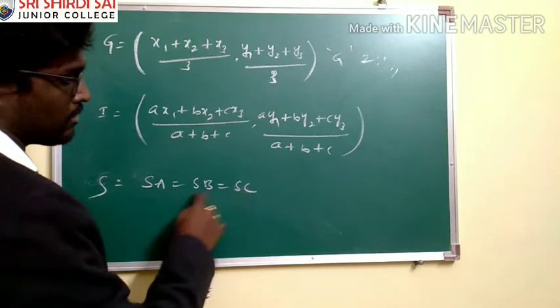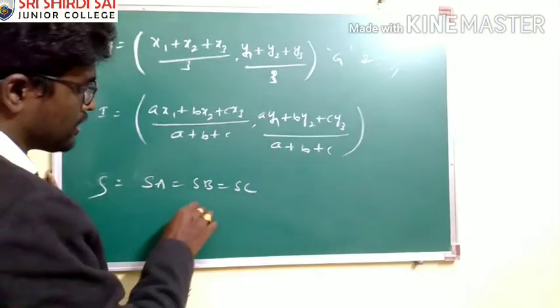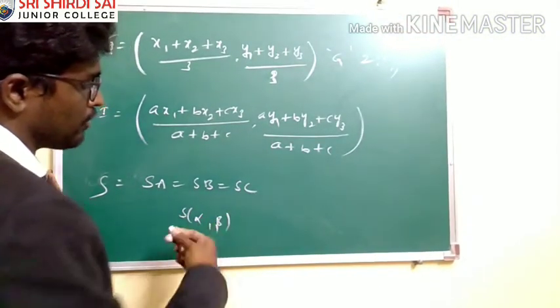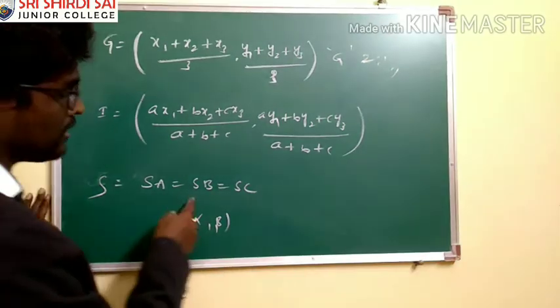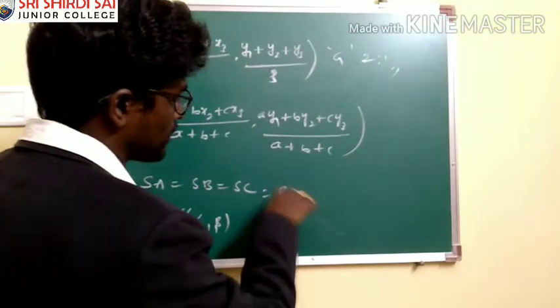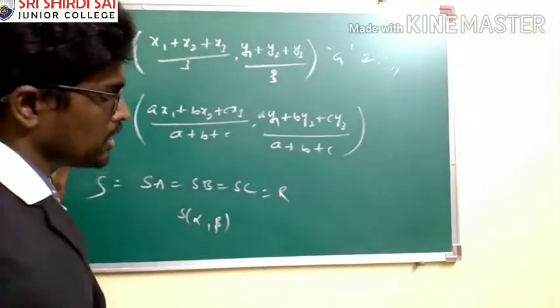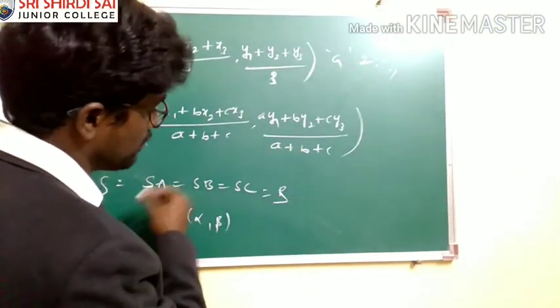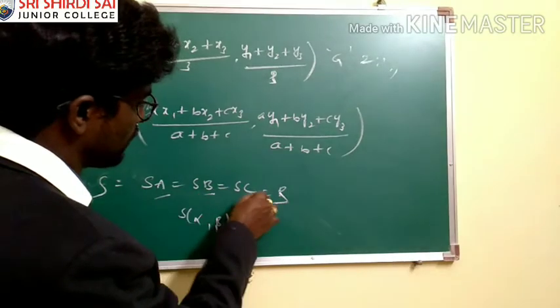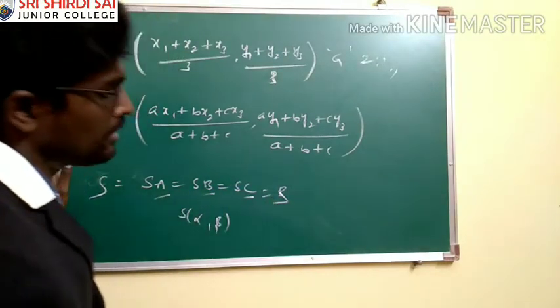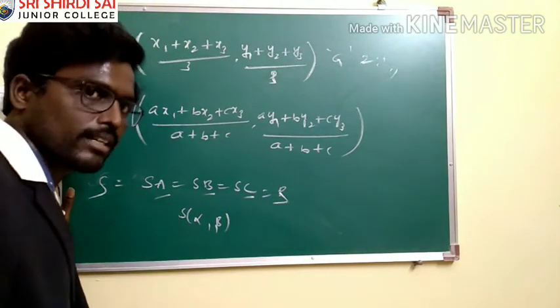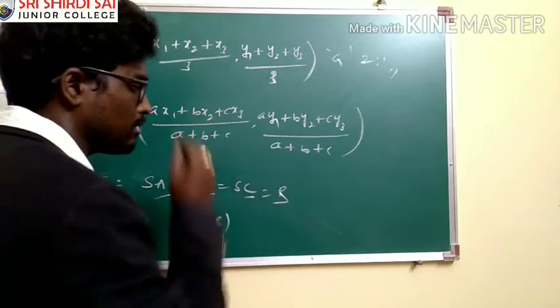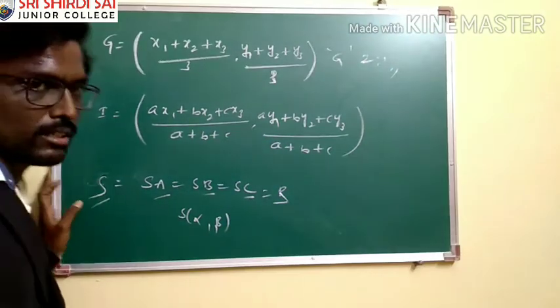If you treat the circumcenter as some S (alpha, beta), what are SA, SB and SC? They are equal to the circumradius capital R. If you make the circle with the circumradius R, that will be passing through all three vertices of the triangle A, B and C. Such a circle is said to be the circumcircle, and the radius is circumradius and the center is circumcenter.